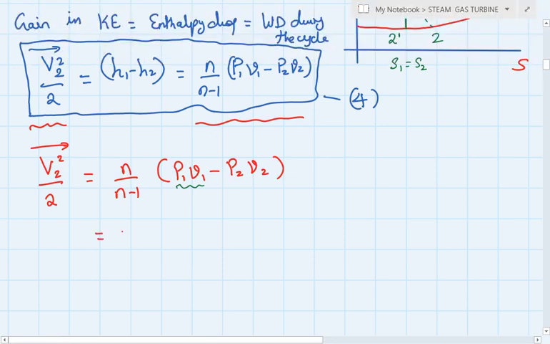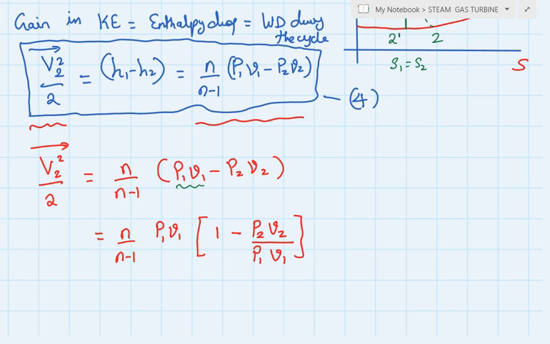So n divided by n minus 1 P1 V1 into 1 minus P2 V2 divided by P1 V1, because if I remove this outside I should divide by it. Let me consider this equation as 4a.